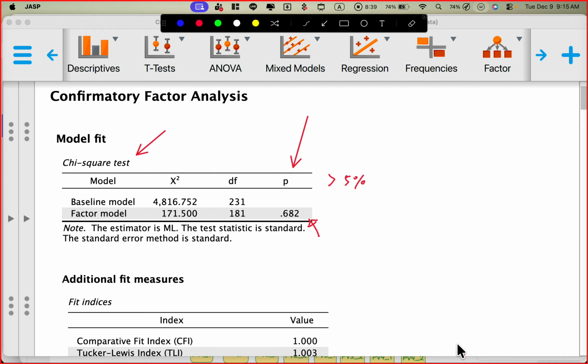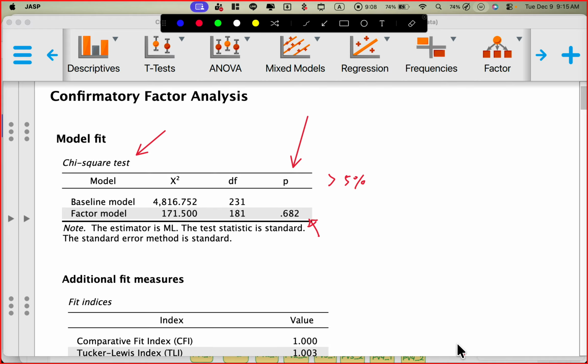It means the model fit is good. You got it? Model fit is good. It means the data fit our theory, measurement theory. We need to fit well. If it is significant difference, it means it does not fit well.